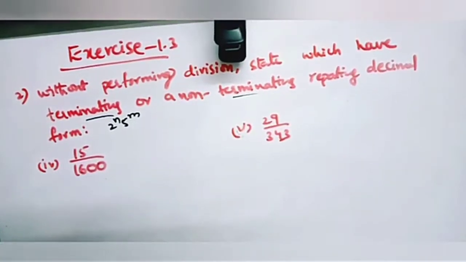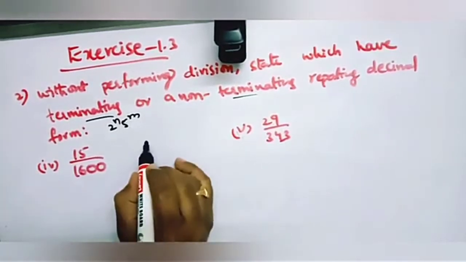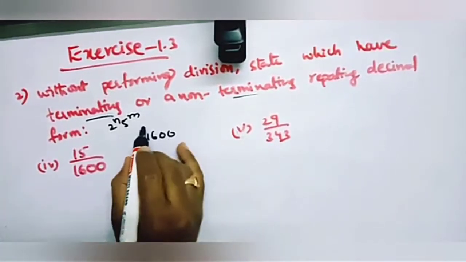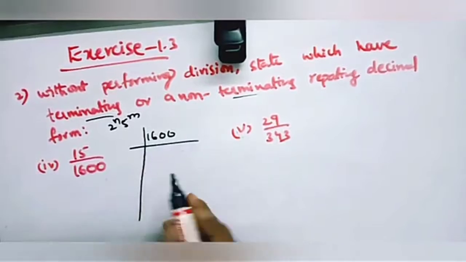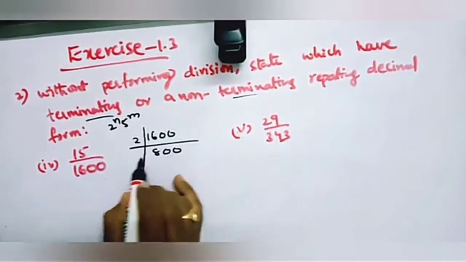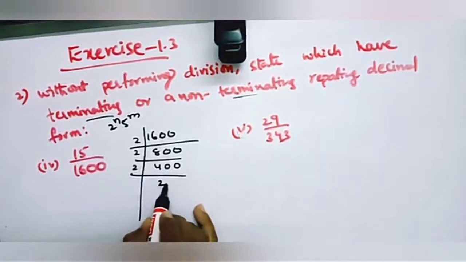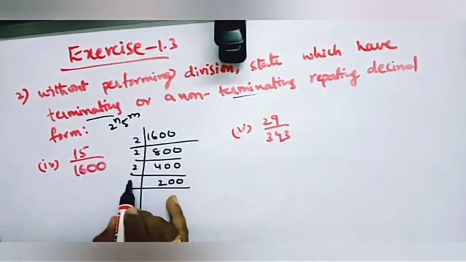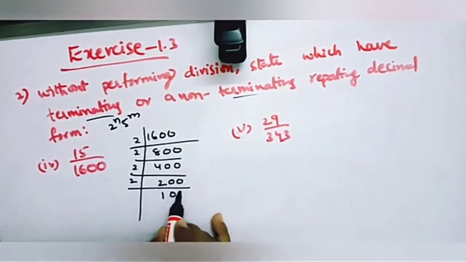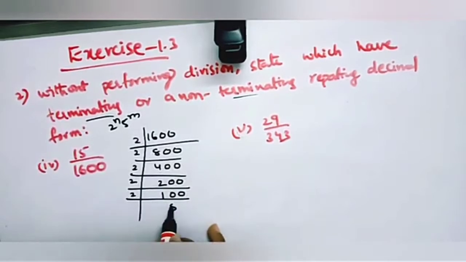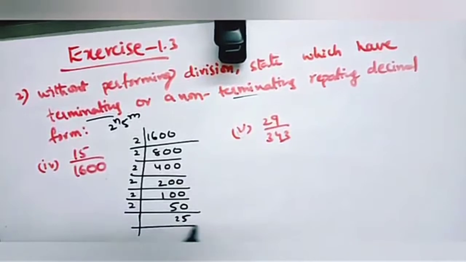Next, the fourth one, 15 by 1600. So do the LCM of 1600. It will come in the 2 table: 2 times 800, then 2 times 400, then 2 times 200, then 2 times 100, then 2 times 50, then 2 times 25, then 5 times 5.